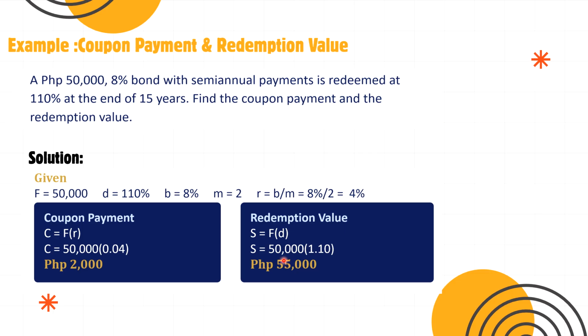So when we multiply 50,000 multiplied by 1.10, this would be equal to 55,000 pesos. So that's how we get the coupon payment and redemption value.